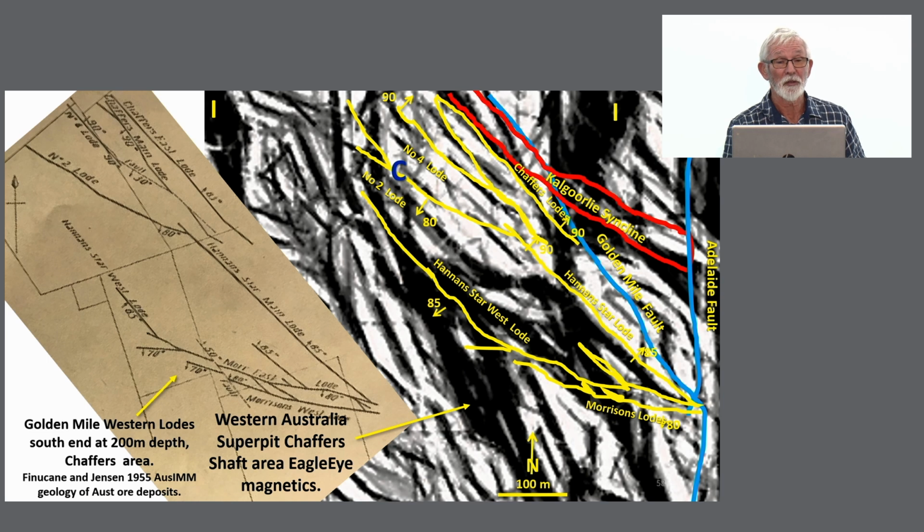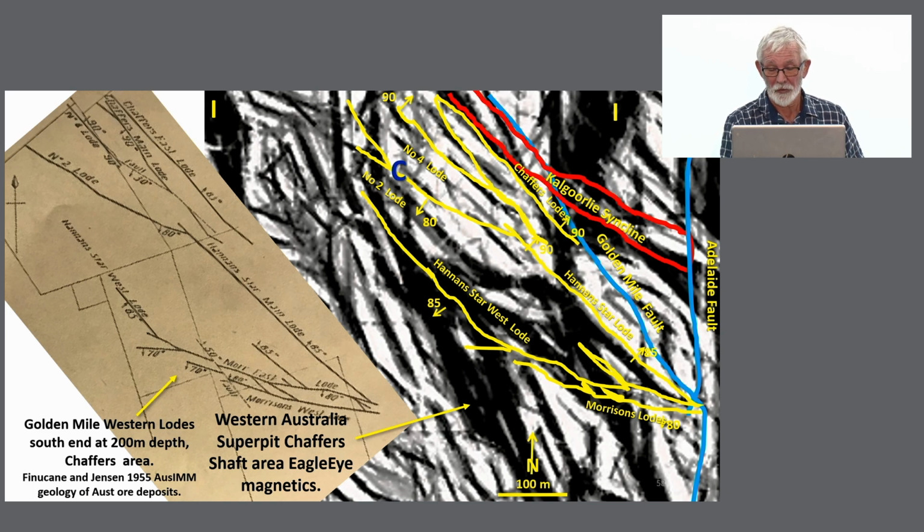And that's the pattern of lodes then, and in actual fact, by 1995 they'd only extended a few of them a little bit. So while they mined them up and down, this is at 200 metres depth, the old 12 level.